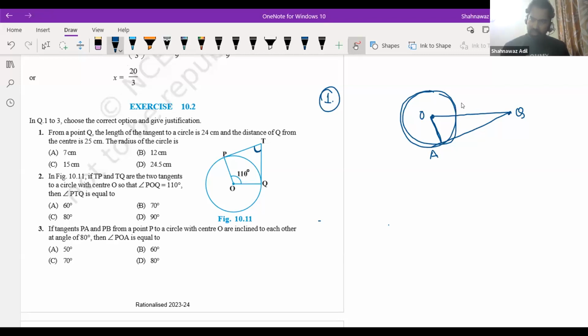So this is given that this is the center. The distance to the center is 25. The tangent length is 24, and this is 25. So what would be this thing?